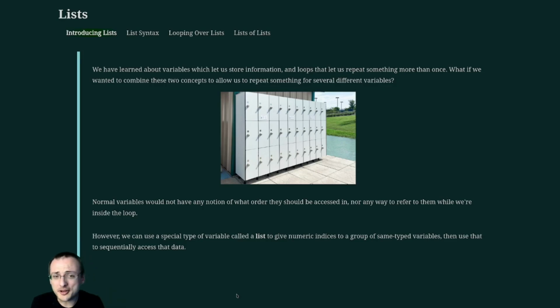There's a problem though, which is that with our separate unrelated variables, there's no real way to write a loop where we can number these things and go through them in order. There's no notion of what order normal variables are in.